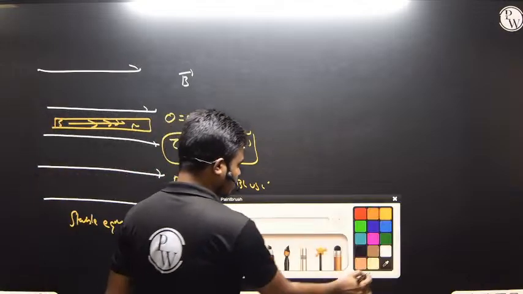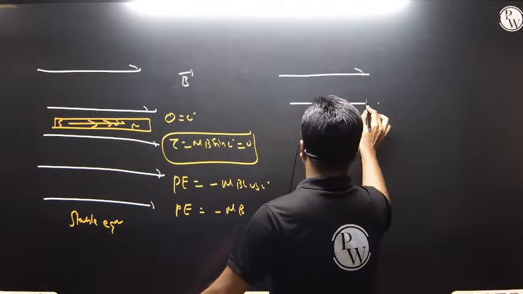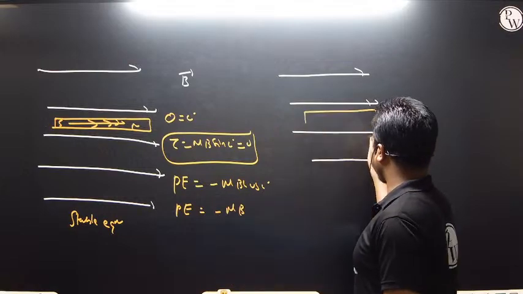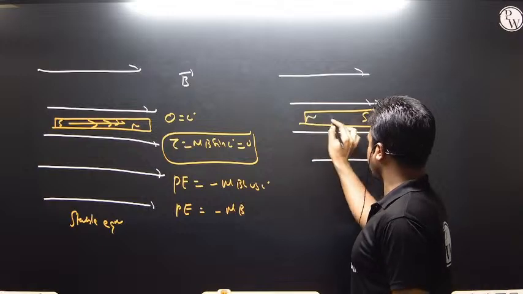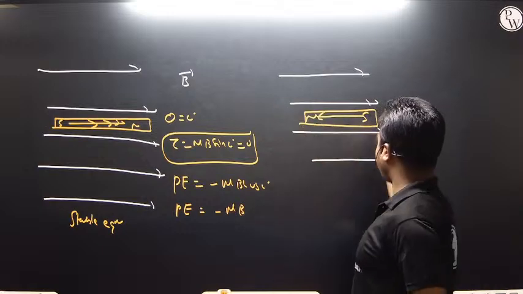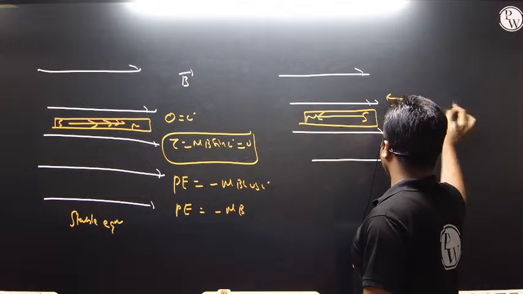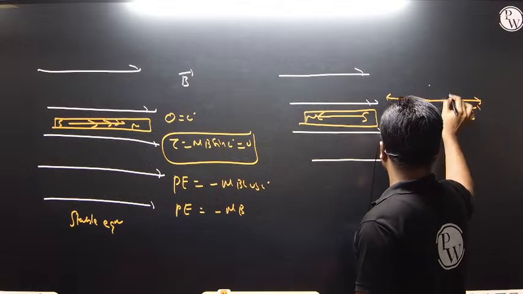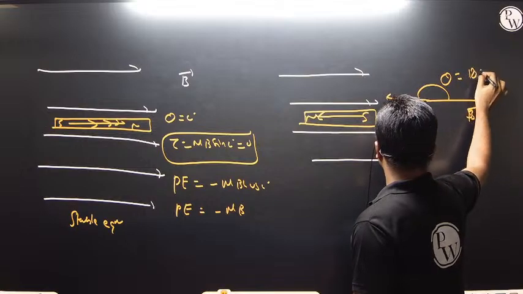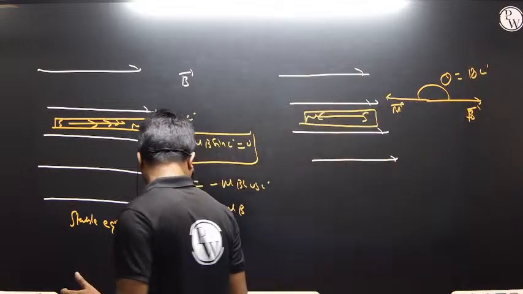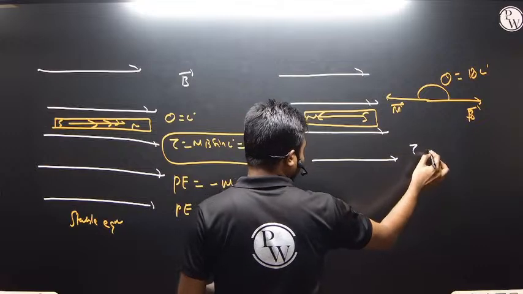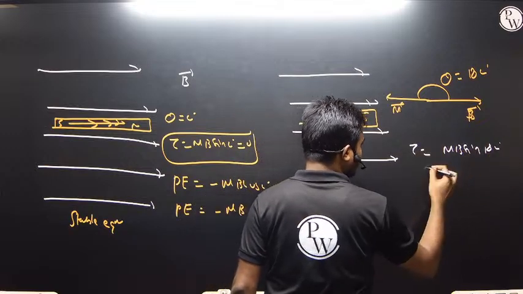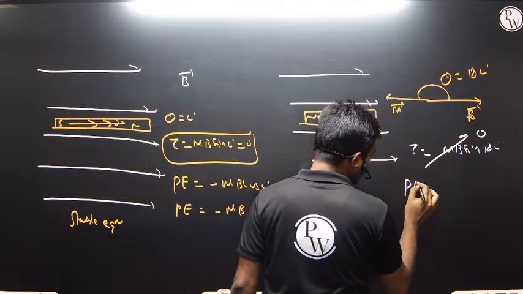Next, we have one like this, the magnetic field in the same direction, but we are just reversing the direction of the magnet. So the magnet is such that the south pole is this way, the north pole is this way. The direction of the magnetic moment is this way, M vector this way, and this is the magnetic field vector. So right now the angle between the magnetic field vector and the magnetic moment is 180 degrees. What is torque? MB sine 180, and this particular term will be 0 anyway. What is potential energy?